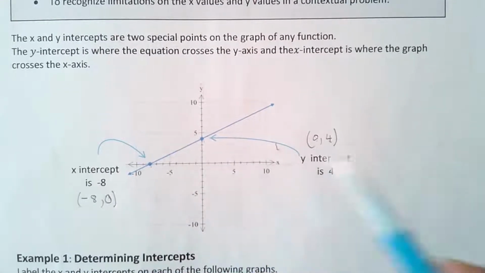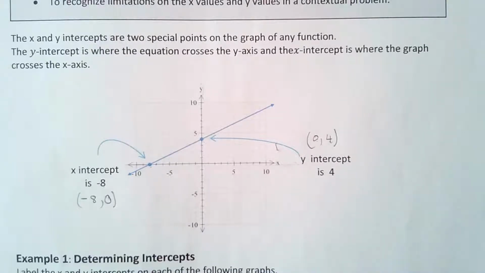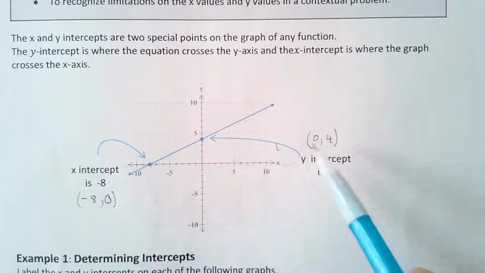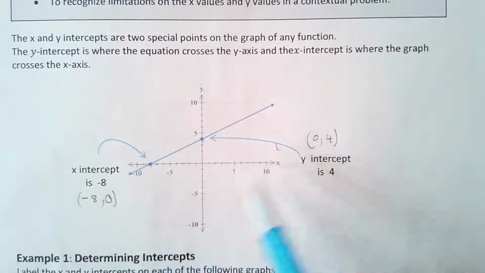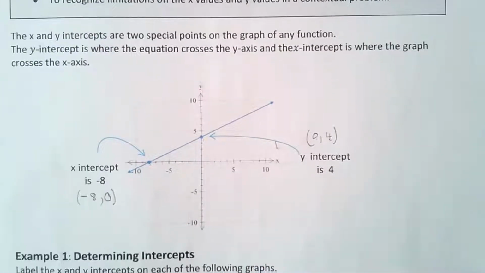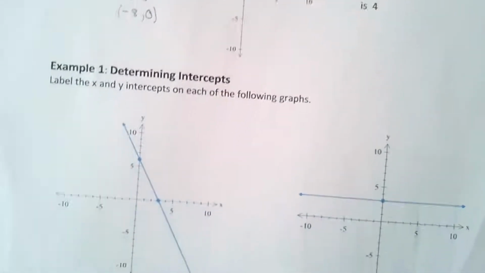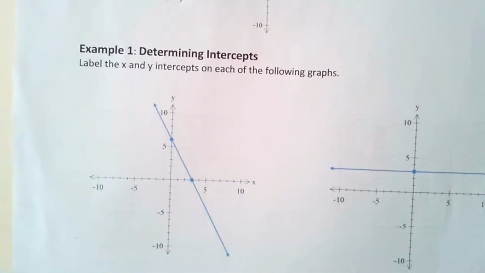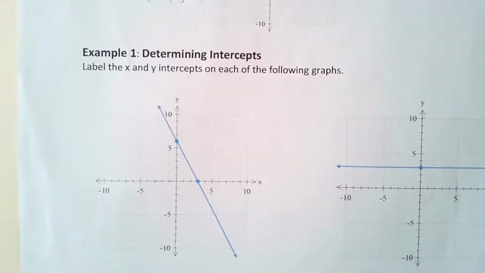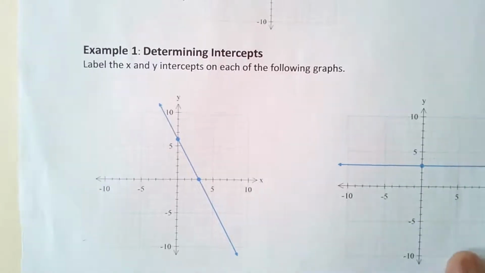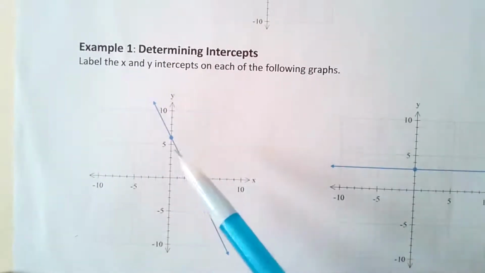Keep this in mind, because part of this lesson, I'll show you how we can determine these x and y intercepts without a calculator. Let's look at some illustrations of x and y intercepts. Here we have example 1.